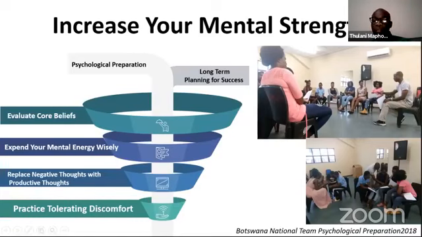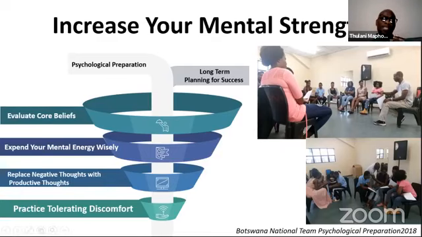You'd see the group work that was being done by the team in 2018. And this needs to identify the way they can expend mental energy wisely so that you don't overutilize the energy that you generate mentally.